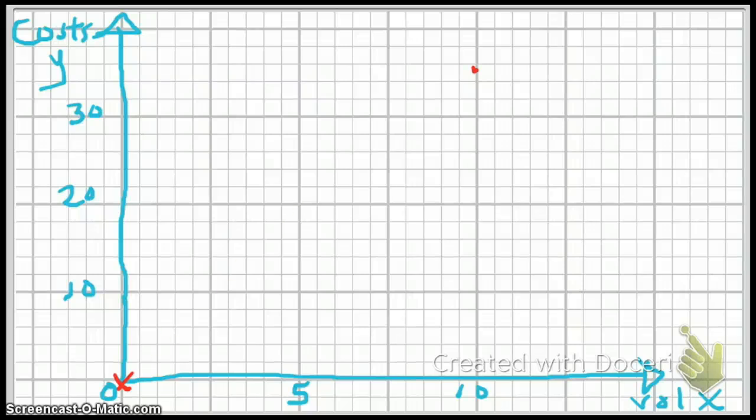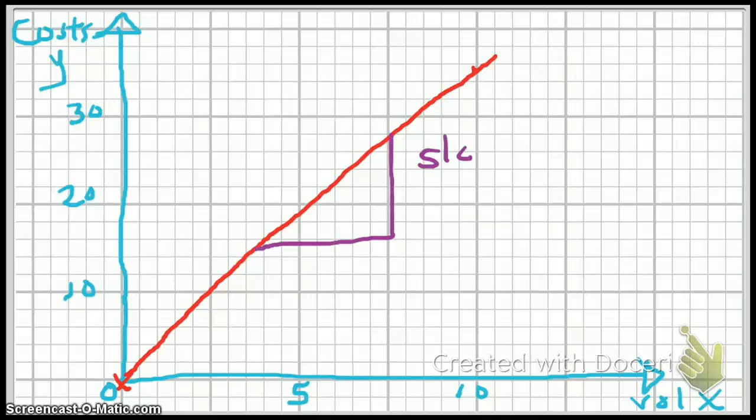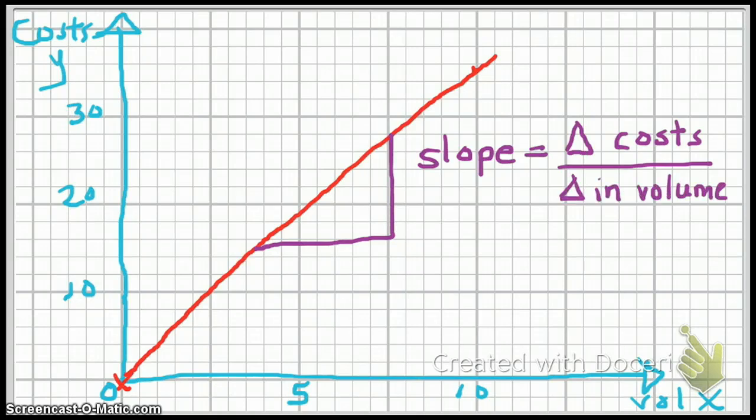And this is what it would look like. It would look a lot straighter if you had better drawing capabilities than me, but that's what it would look like. This is your total cost line, and now that you have this, you can calculate your slope. The slope is the change in cost divided by change in volume, and that equals the variable cost per unit.